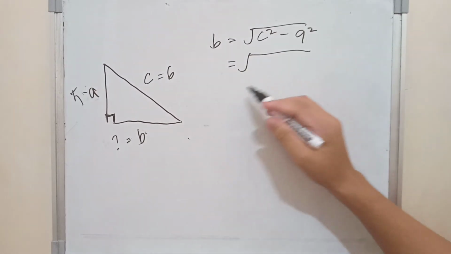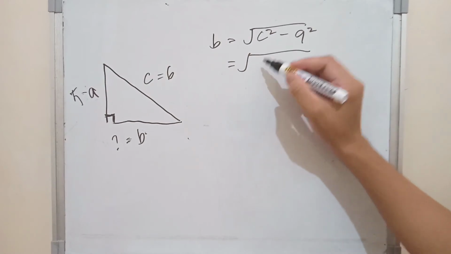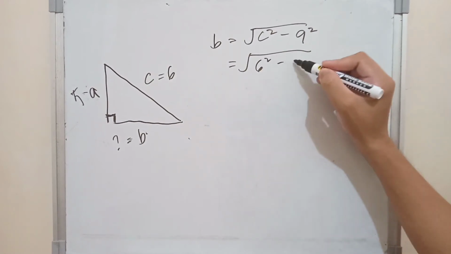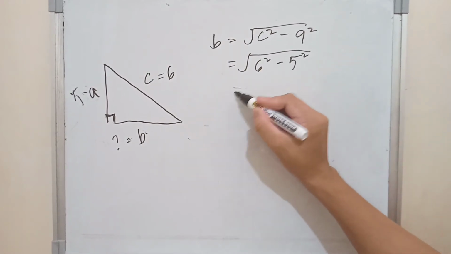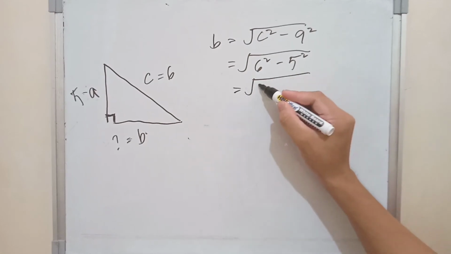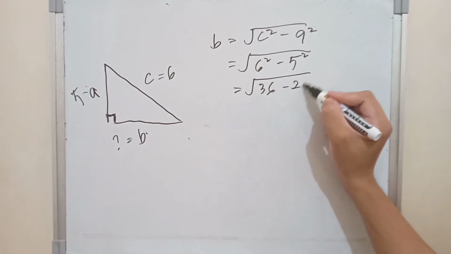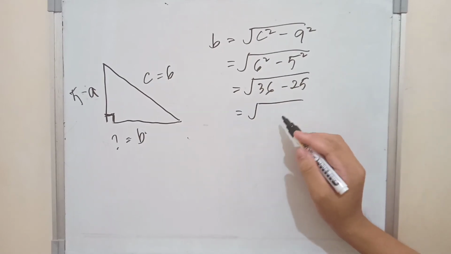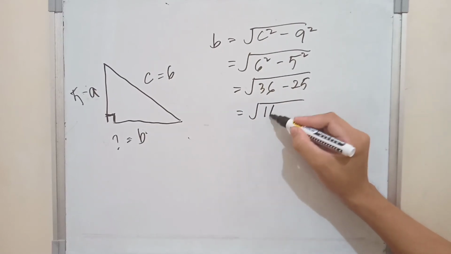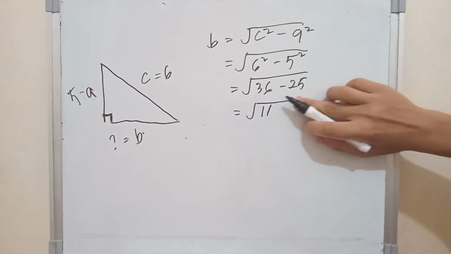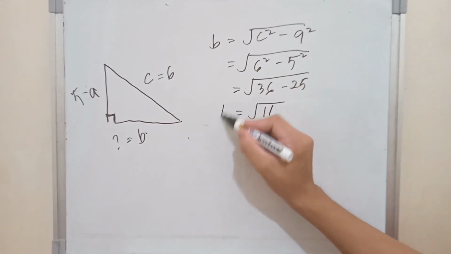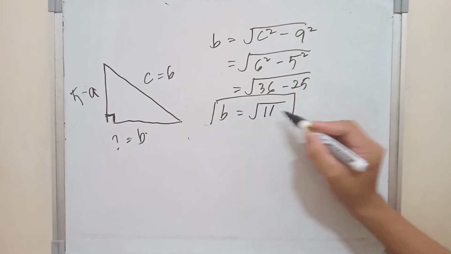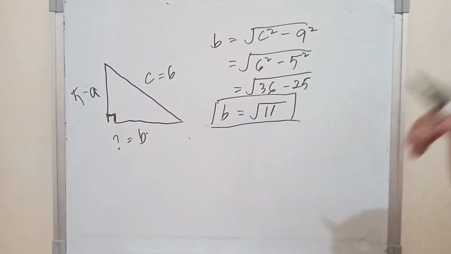Substitute the value for C and A. C is 6 squared minus 5 squared equals the square root of 36 minus 25 equals the square root of 11. So, hindi na natin yan maa-simplify. B equals the square root of 11.